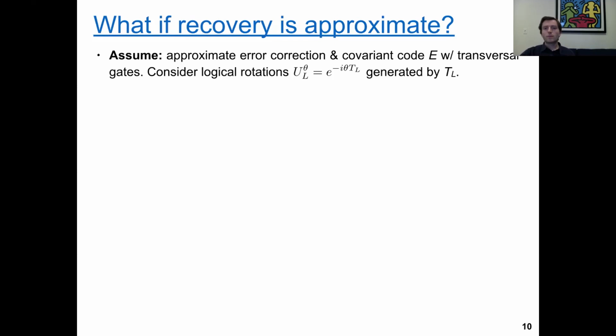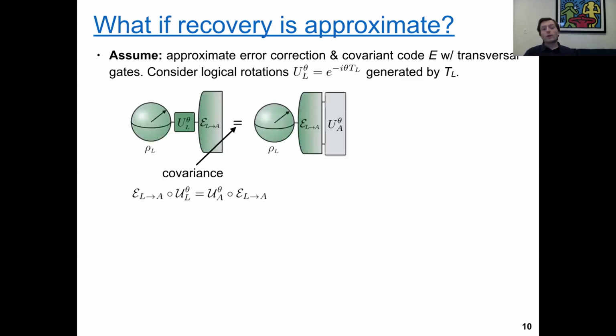What it means is the following. We consider some logical rotations generated by some generator T. So you can think of having logical rotations along the z-axis by some arbitrary angle theta.